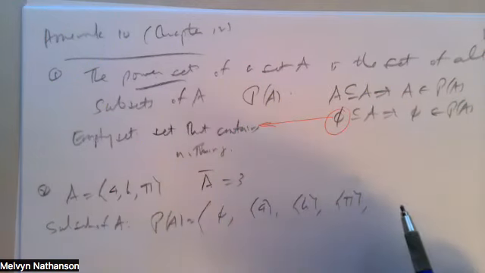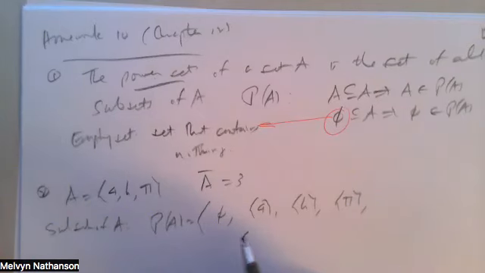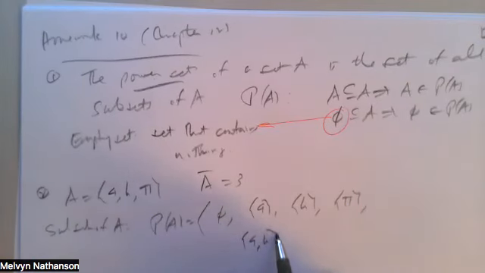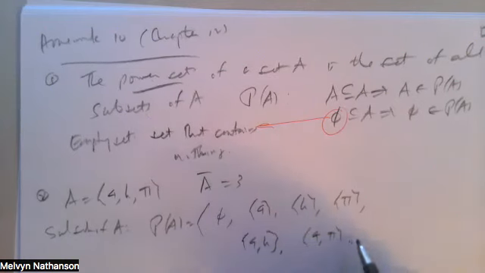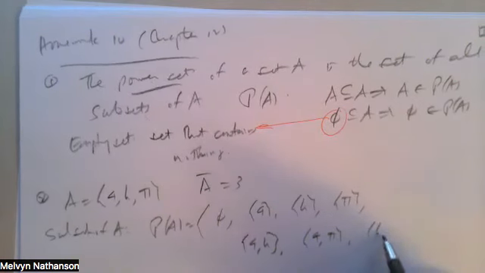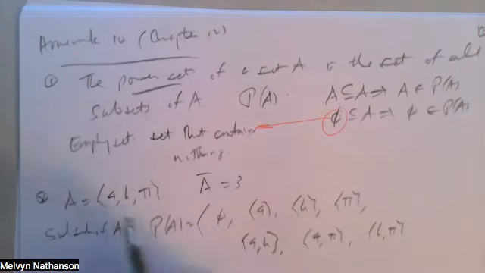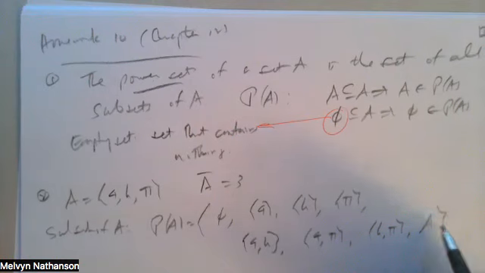You have the 2 element sets. You would have the set containing 4 and H, the set containing 4 and pi, and the set containing H and pi. And then you have the subsets with 3 elements, but it's just the whole set, A.